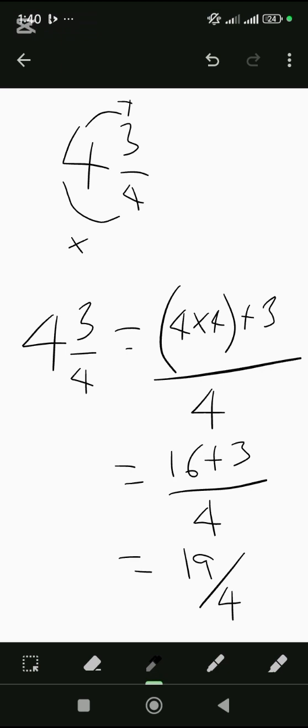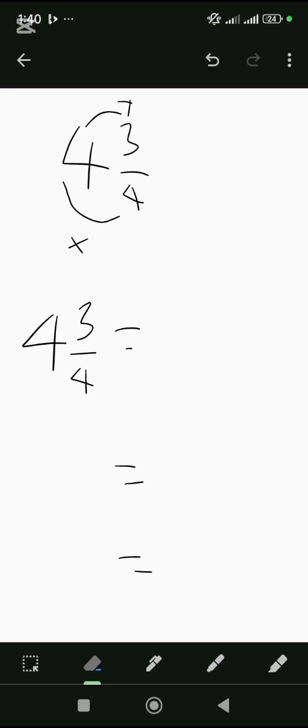How do you convert this improper fraction back to a mixed fraction? Let's see how we can do that. So we have 19 over 4. How many 4s are in 19? Obviously it's 4.